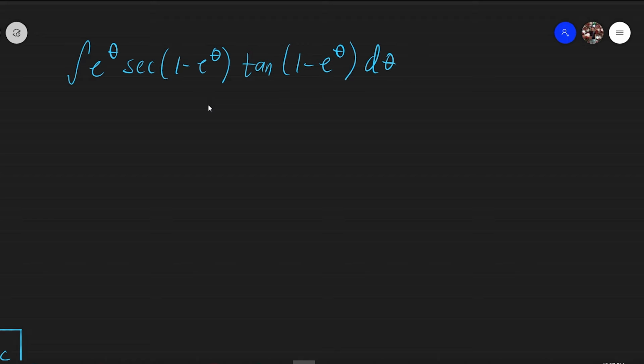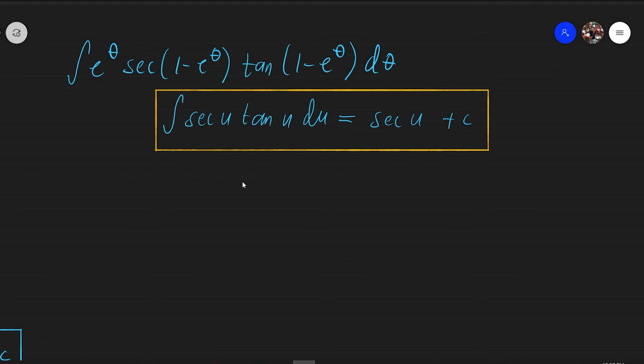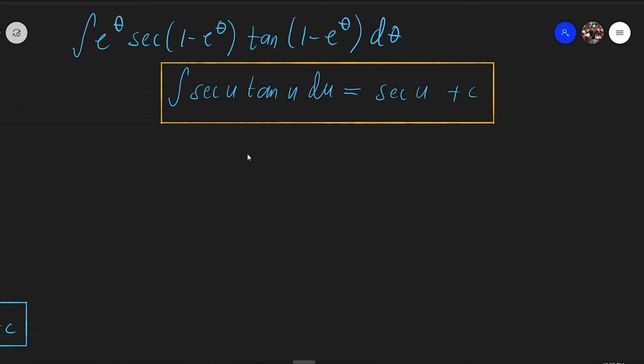What we're going to apply here is the integral of secant u tangent u du, and according to the formula, this is equal to secant u plus the arbitrary constant. To do that, you have to identify the value of your u. Your u here is 1 minus e raised to theta.